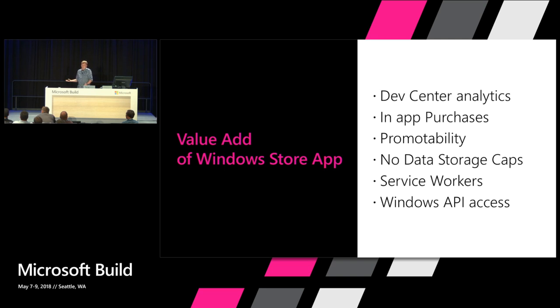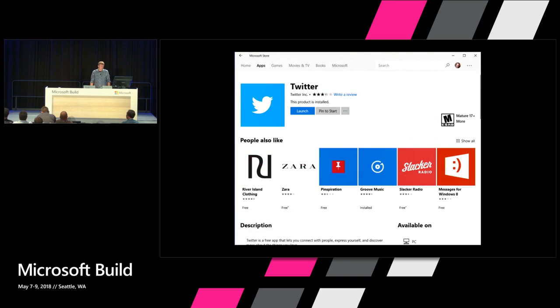And then last but not least, you get access to the Windows APIs. Different platforms give you access to different things when you're a progressive web app. We give you access to the entire API surface that Windows developers get. So all of those APIs that you kind of wish were standardized in the web, we give you access to. I'm going to have Charlie come up here in a minute because Twitter is a really great example.